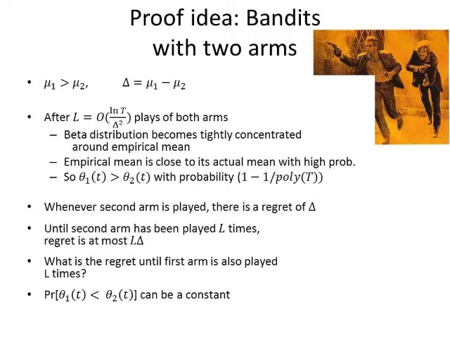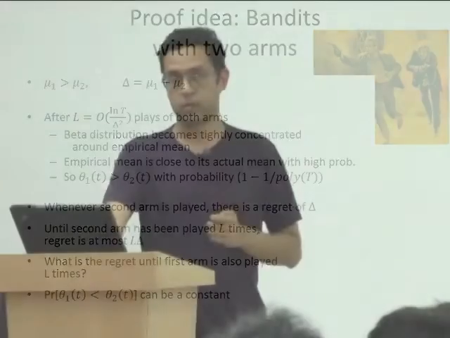I'll just describe the proof idea for the case of 2 arms. The case of multiple arms is more complicated. So as before, I will assume mu1 is greater than mu2, and delta is mu1 minus mu2. A simple observation here is that if both arms have been tried L times, where L is log t over delta squared, then we are in good shape.